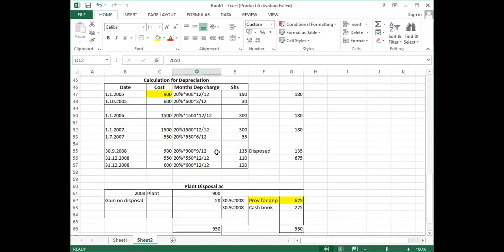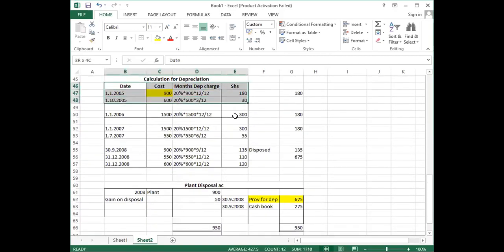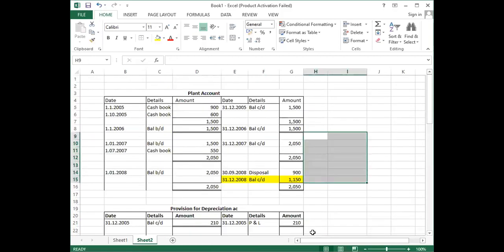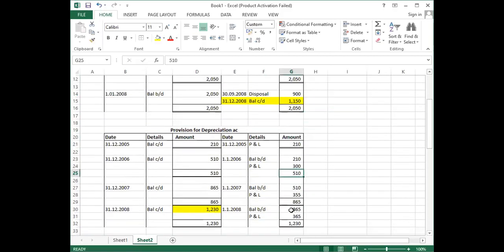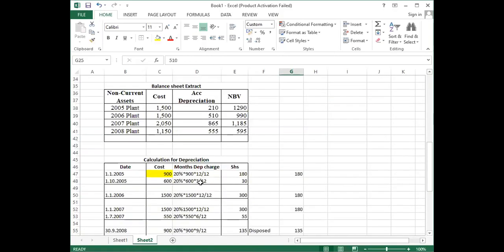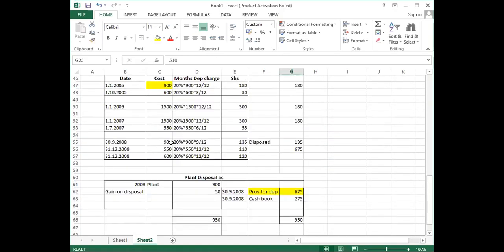But I would prefer if you set aside a space where you can calculate for year 2005, get the total, year 2006, get the total. Because these are the figures we are struggling to count here. So it is necessary that you do it this way.